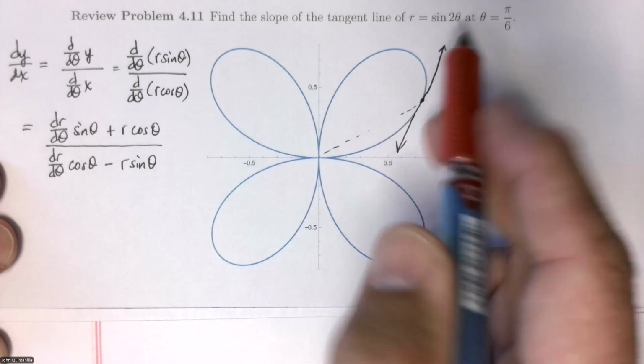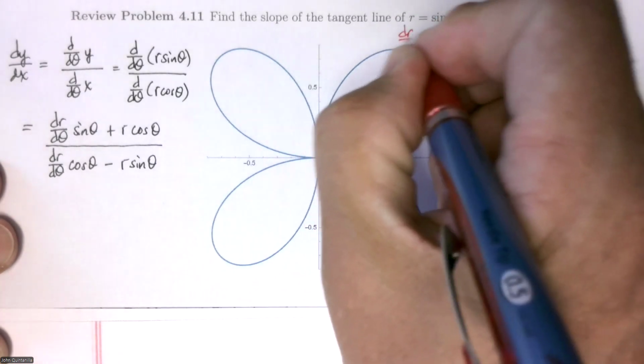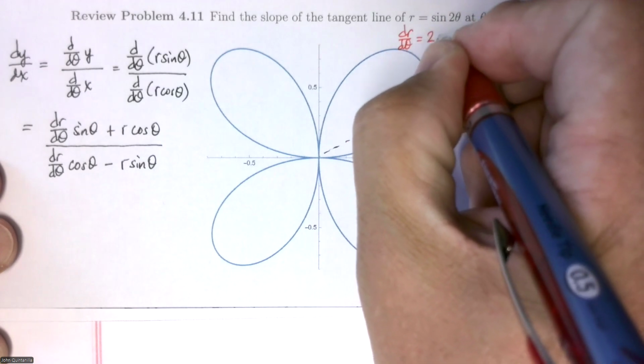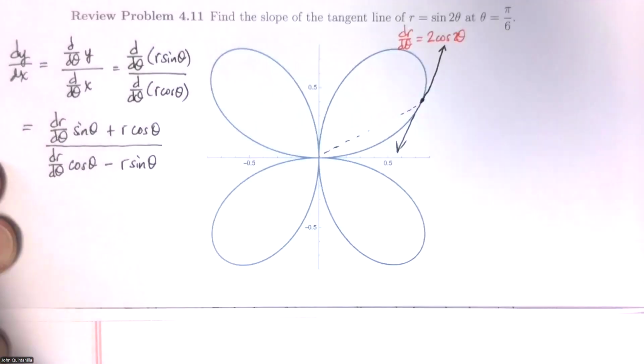Okay, now let me plug in. r is equal to sine 2 theta, and so that means that dr/d theta is equal to 2 times cosine of 2 theta.